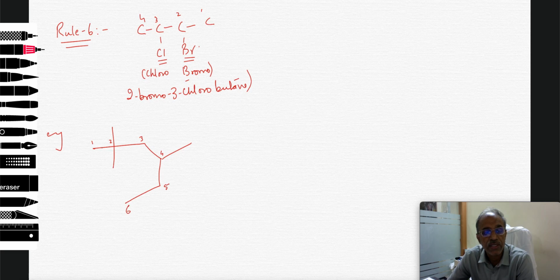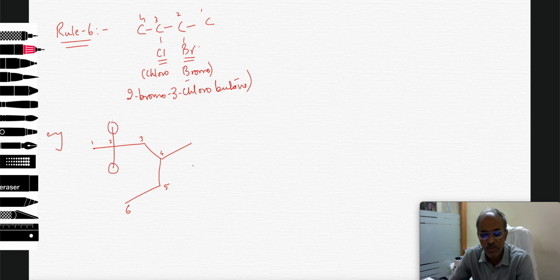This 5 is pentane, this 6 is hexane. So obviously I have to take the longest carbon chain, which is this. Now at second position there are methyl and methyl.